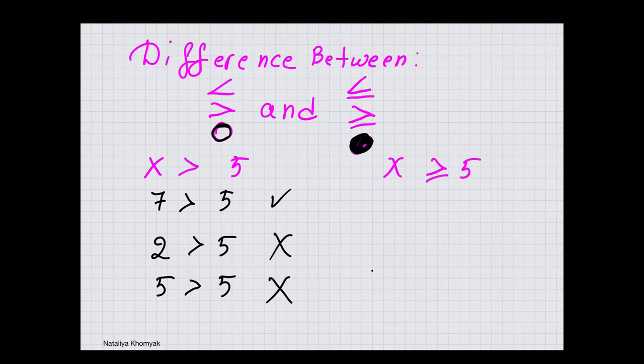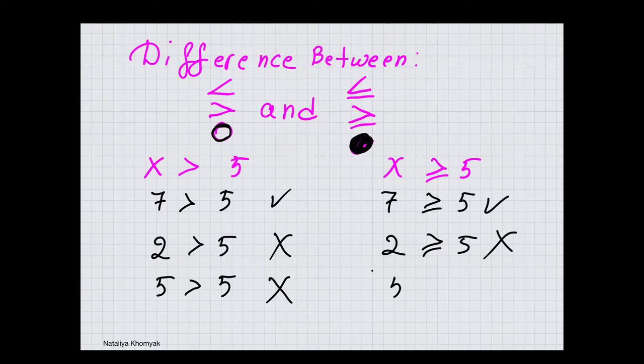Now on the right we have a very similar expression. So let's plug in 7 instead of x, and we have 7 is greater than or equal to 5. That's a true statement. Let's try 2. 2 greater than or equal to 5. That's a false statement.